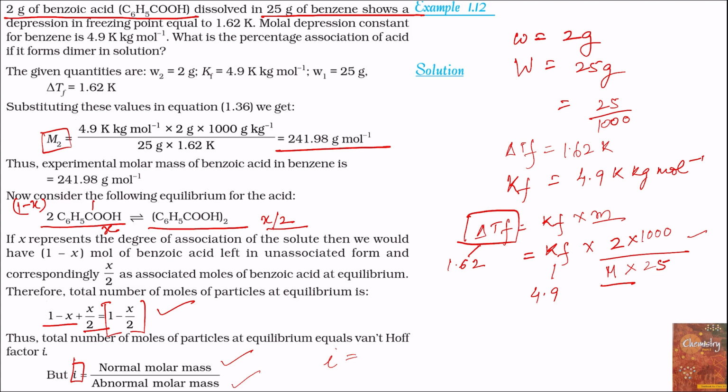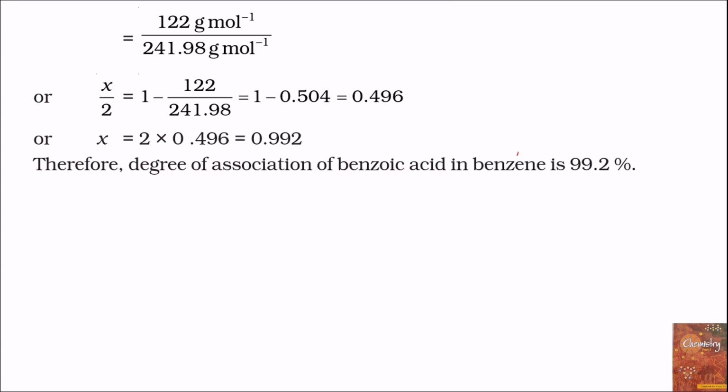So here number of particles after association is 1 minus x by 2 divided by number of particles before dissociation or association. So before dissociation or association, number of particles is 1. Normal molar mass is the one calculated from the formula, and abnormal molar mass is the experimental molar mass. So normal molar mass calculated from formula is 122 gram per mole. Experimental molar mass is 241.98 gram per mole, and this is equal to number of particles after association divided by number of particles before association.